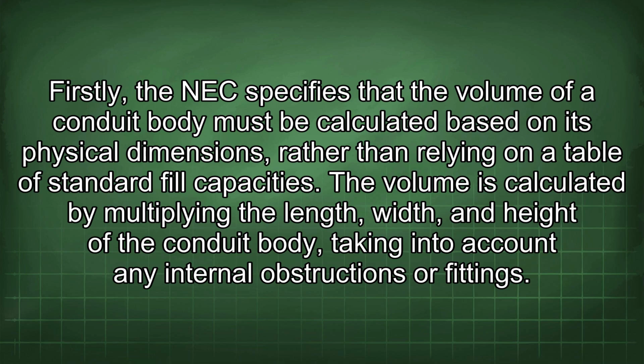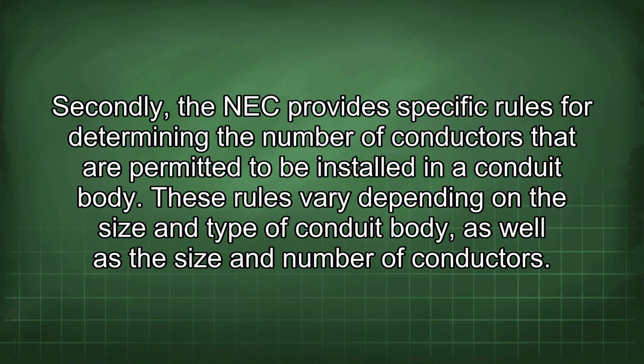The volume is calculated by multiplying the length, width, and height of the conduit body, taking into account any internal obstructions or fittings. Secondly, the NEC provides specific rules for determining the number of conductors that are permitted to be installed in a conduit body. These rules vary depending on the size and type of conduit body, as well as the size and number of conductors.